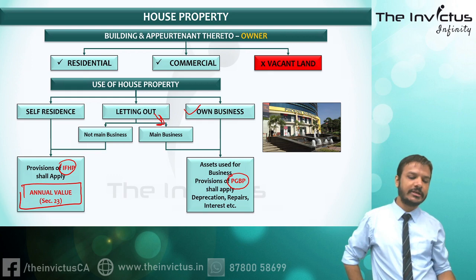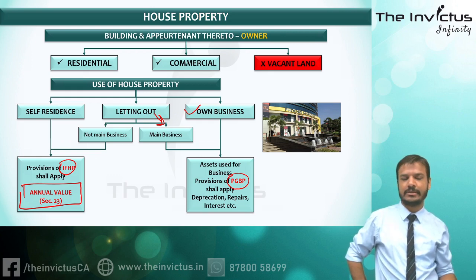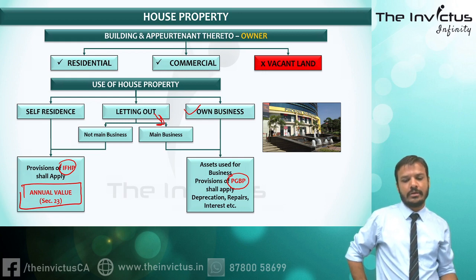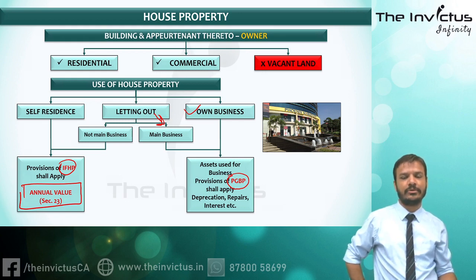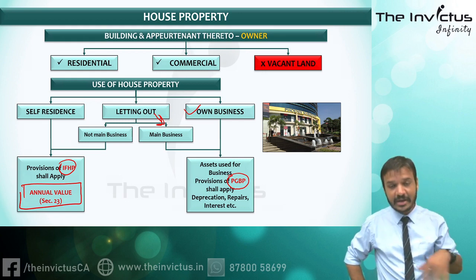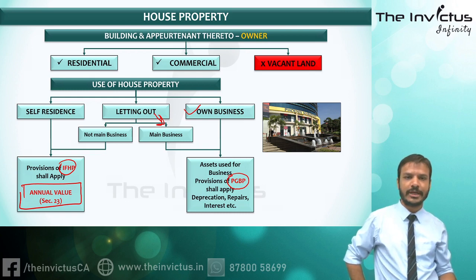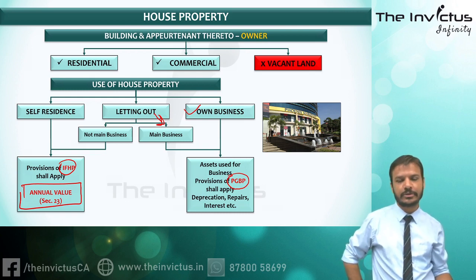You can see in this image, what you can see? The Phoenix Mall, right? Phoenix Market City. You just tell me one thing. Builder of this mall, what was the intention of them behind building this mall? Just think about it.